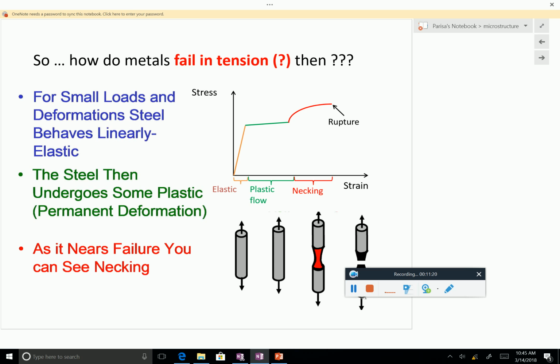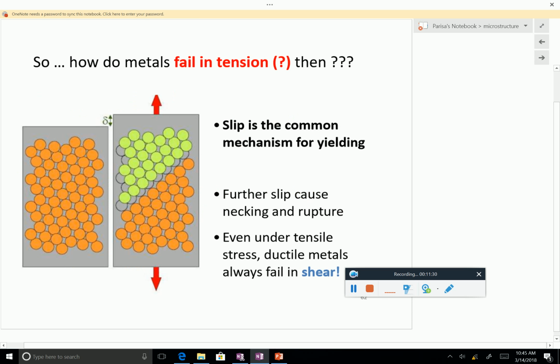So how come? If they are so good in tension, what is actually happening? Why are they failing in tension? The answer is, even when you apply tension, what is happening at the atomic level in the microstructure is not really tension. What is happening is shear.